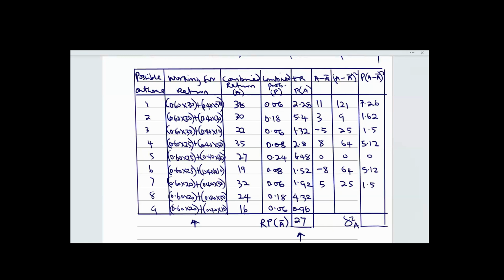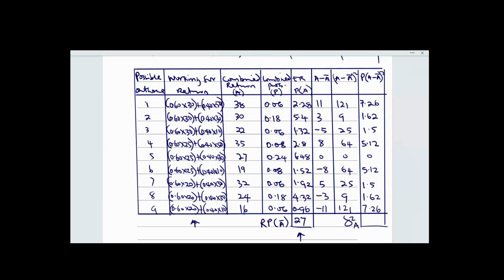Next, 24 minus 27 will give us minus 3. Minus 3 squared will give us 9. 9 multiplied by probability of 0.18 will give us 1.62. Then the last one, 16 minus 27, that's minus 11. Minus 11 squared is 121. 121 multiplied by 0.06 will give us 7.26.